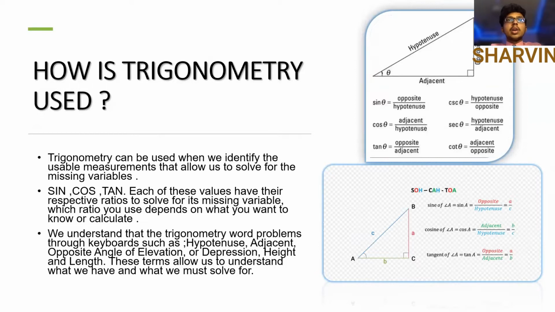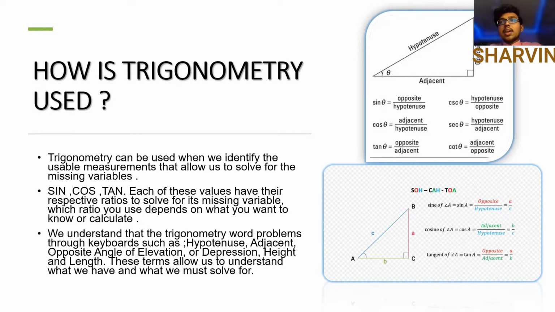Trigonometry can be used when we identify the usable measurements that allow us to solve for the missing variables: sine, cos, and tan. Each of these values has its respective ratio to solve for its missing variable. Which ratio you use depends on what you want to know or calculate. As you can see on the right side, there's a picture, SOH CAH TOA.